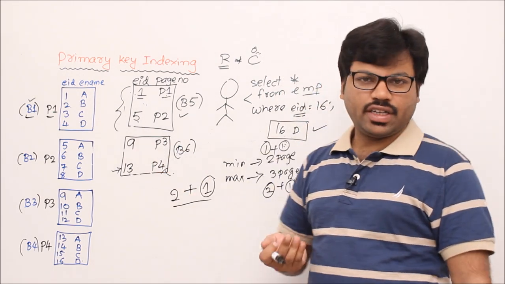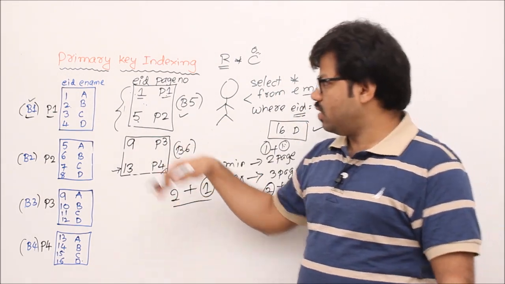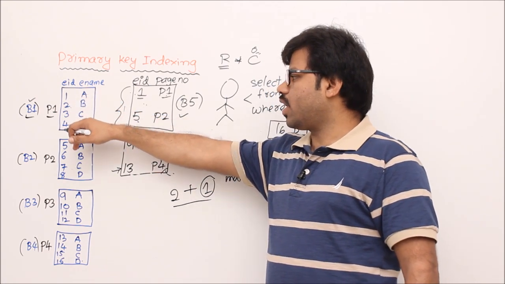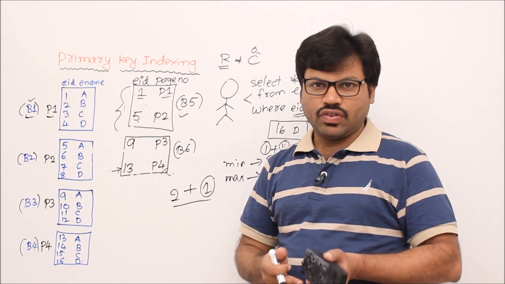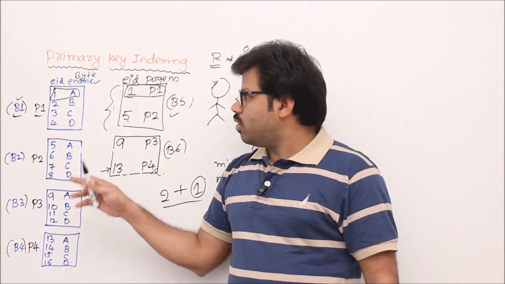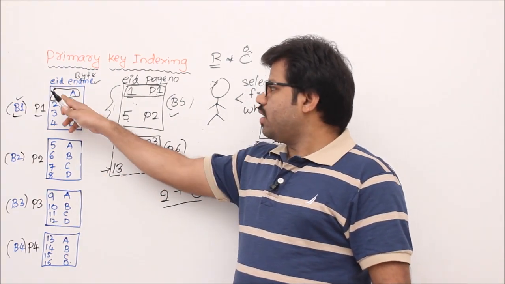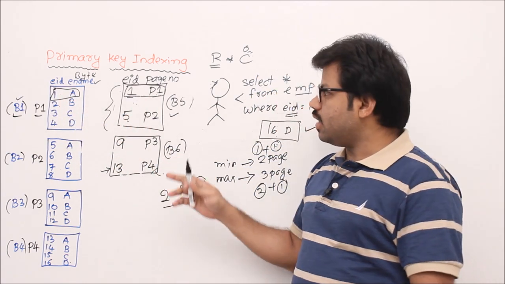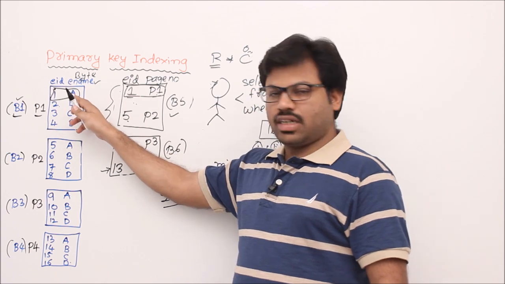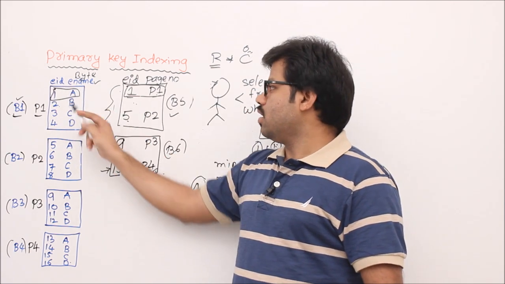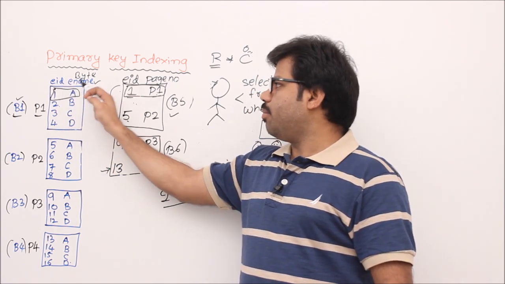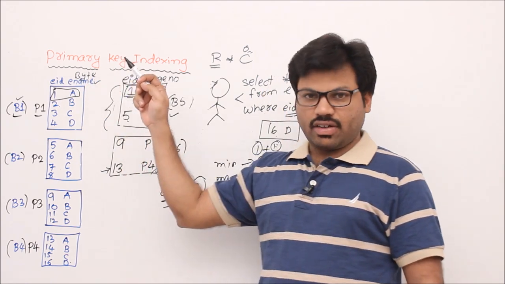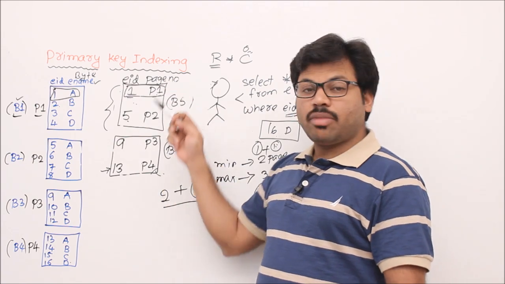You don't see the advantage of this primary indexing for a small set of pages. After all, your page contains only 4 records, right? Then how can you see the advantage? And one more thing, you might have this question: why does this page have 4 records and why does this page have only 2 records? The reason is, here the record has a different structure. In each record you have employee ID, employee name. Let's say this employee name size is 1 byte, and this page number size might be different.